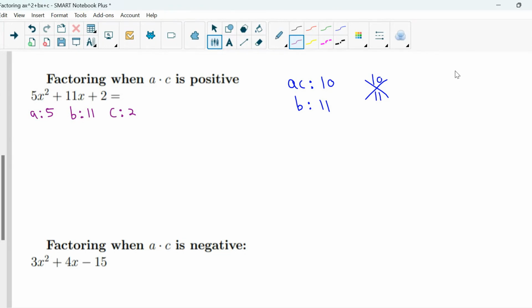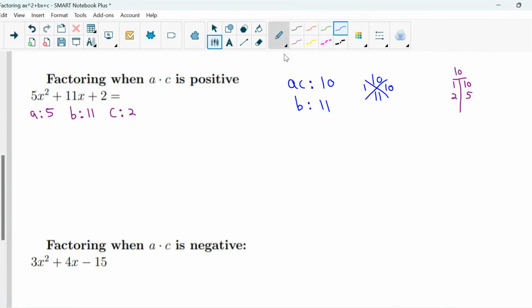If you're struggling to see these factors, you could always write it out. So I've got 10: 1 and 10, 2 and 5. So 2 plus 5, definitely not 11. 1 plus 10 is 11. So that gives me my two factors, 1 and 10.